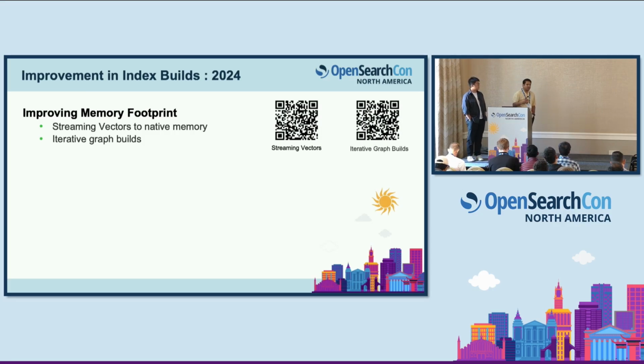During those merges, we first used to load all the vectors into the heap space and then transfer them to the native memory, which was a big bottleneck for us, because if you try to load vectors which are greater than 30 GB or 32 GB, which was a standard heap size for OpenSearch, it used to crash.